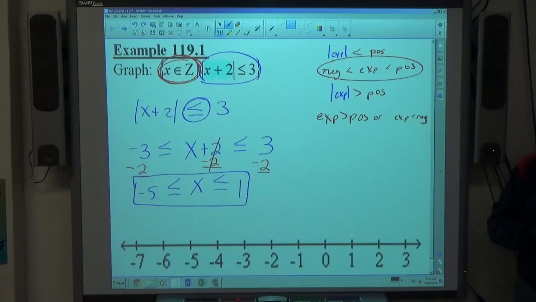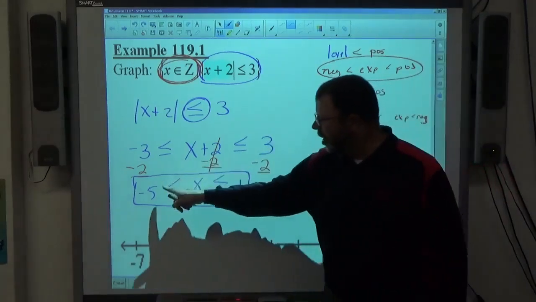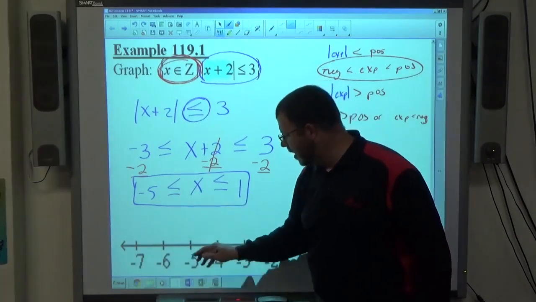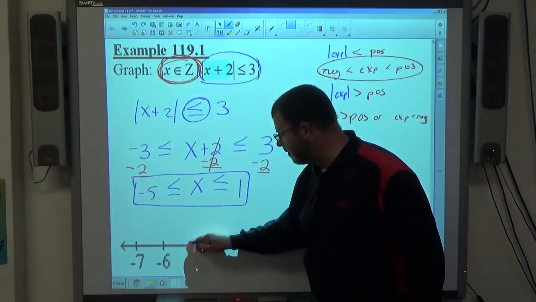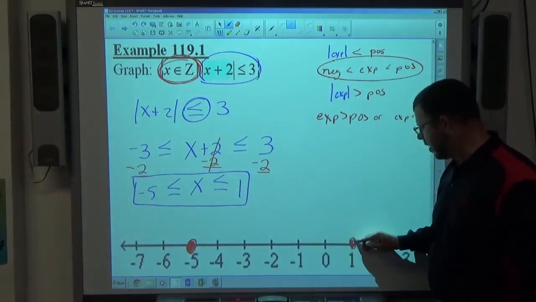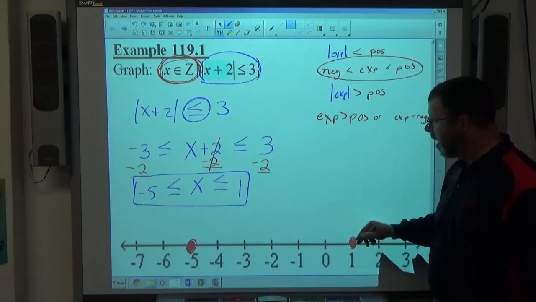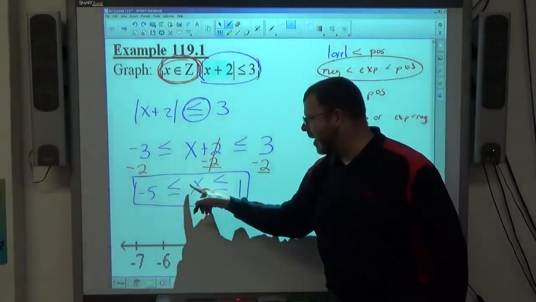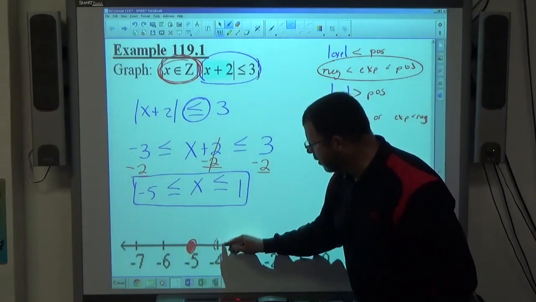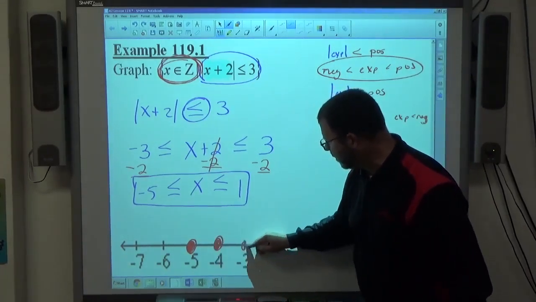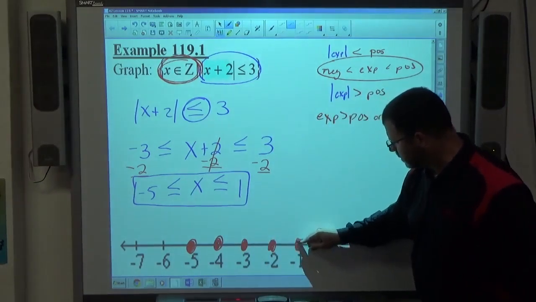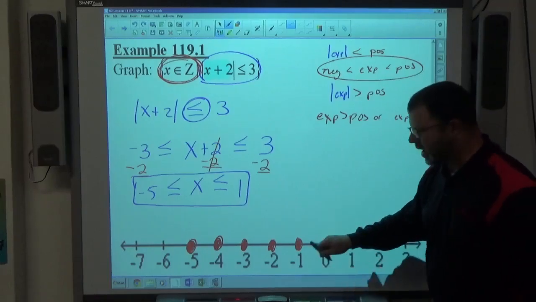Starting with the endpoints, negative 5 equals, and negative 5 is an integer, so I'm going to put a closed circle on negative 5. Positive 1 equals, and positive 1 is an integer, so I'm going to put a closed circle on positive 1. x is less than 1 and x is greater than negative 5, so x is in between those two numbers. Every integer in between those numbers is getting graphed. And there's my entire answer.